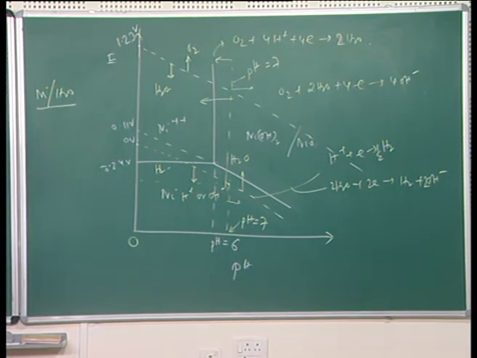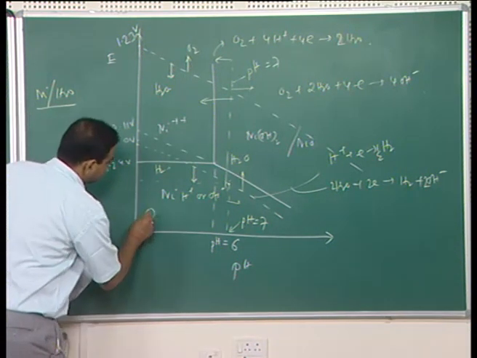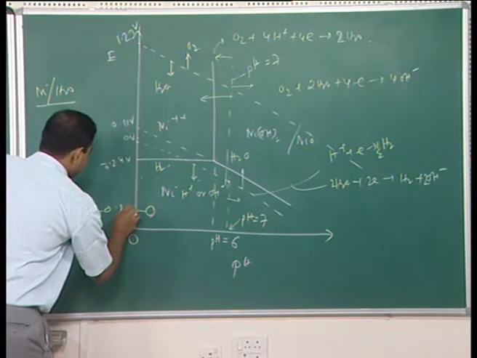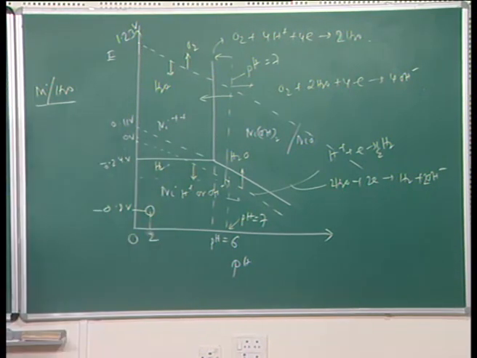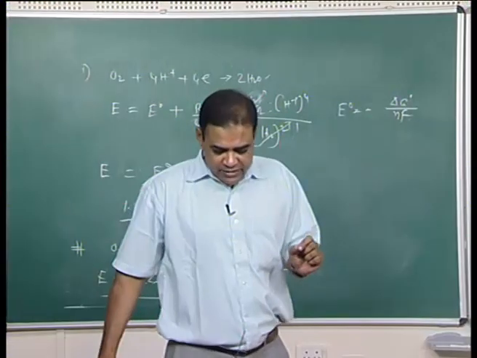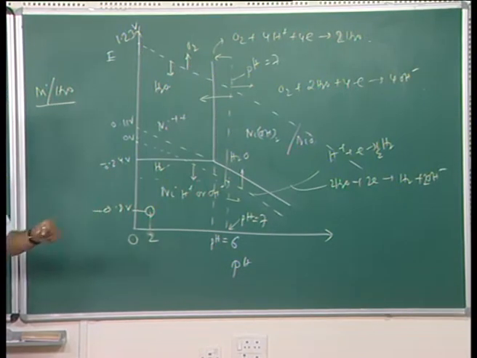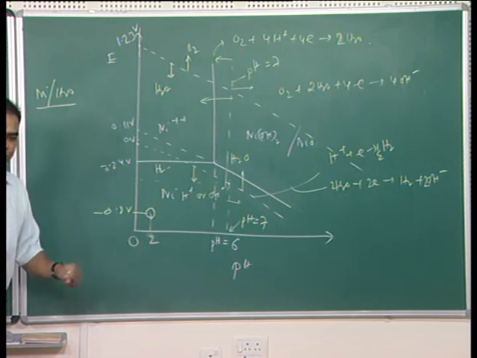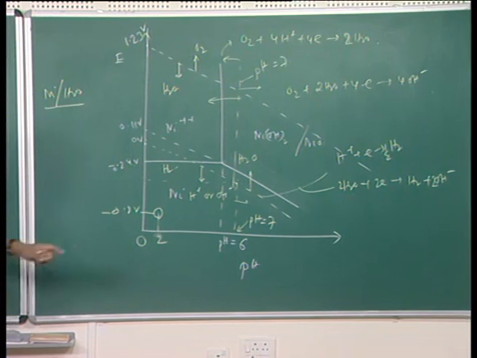Now, from this you can see that if we are in this zone, let us say I am sitting in this portion with a potential of this much, let us say minus 0.8 volt and pH of 2. If I am sitting here, let us say within the solution, if I can maintain the potential at 0.0 volt and the nickel plate potential is maintained at minus 0.8 volt and the pH of the solution is 2, then the phase I would get at 25 degrees Celsius would be nickel.